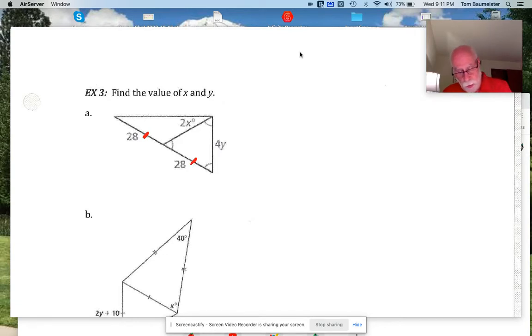We know that all three of those for that triangle right there are equiangular. So we know that each one of these is equilateral. So if that is equilateral, we know that this length here is 28 and this length here is 28.